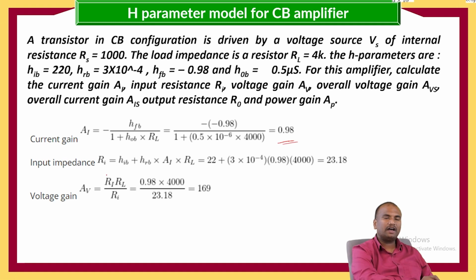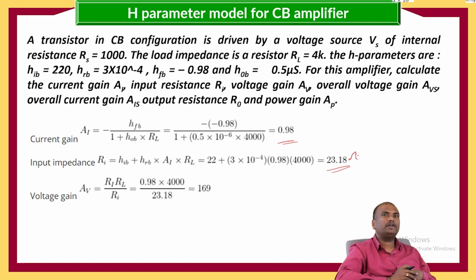The input impedance Ri is equal to HIB plus HRB into AI into RL, which is equal to 22 plus 3 into 10 to the power of minus 4 into 0.98 into 4000, which is equal to 23.18 ohms.